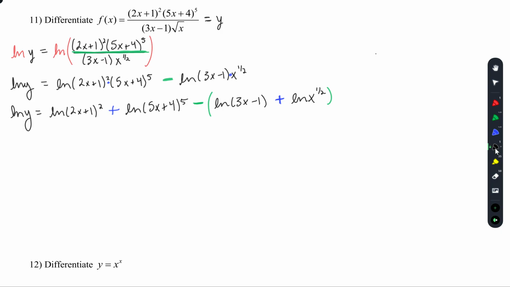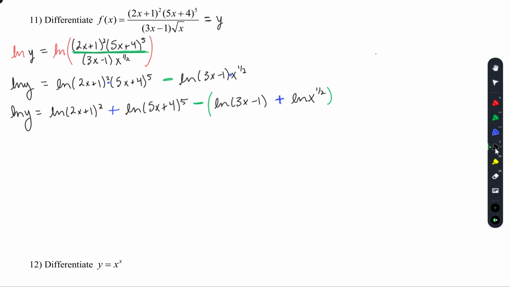All right, so now what you're going to do, okay? Is everyone good so far? We did the multiplying and split it with addition. Now I'm going to go power rule. This one I can't because there's no power, right? So I'm going to bring the half down, bring the 5 down, bring the 2 down.